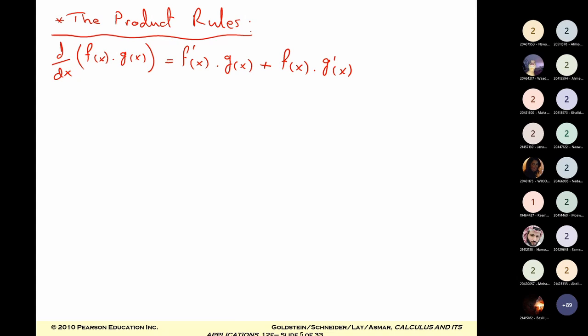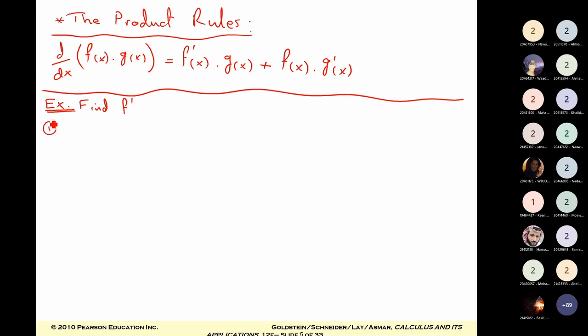Okay, example for this one, these are the rules. We need to find f prime. Number 1, f of x equal 6x squared minus 1, and x minus x to the power 3, like this.